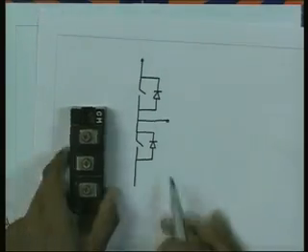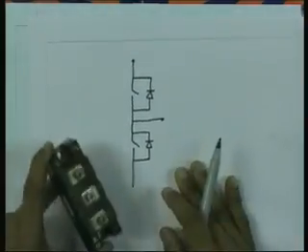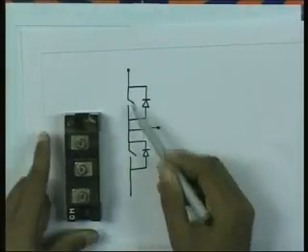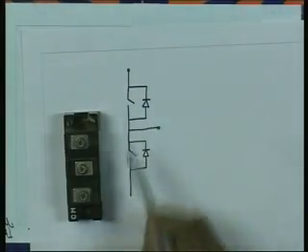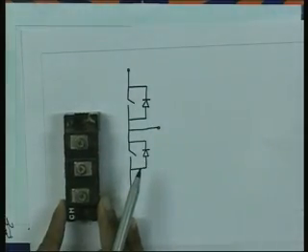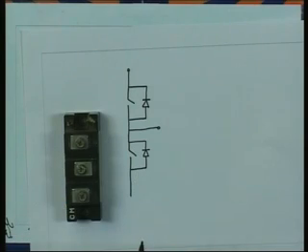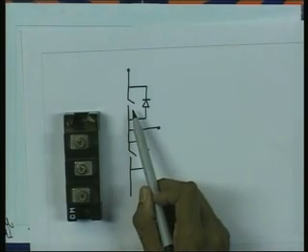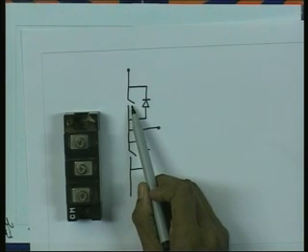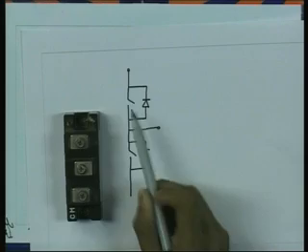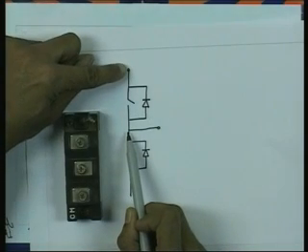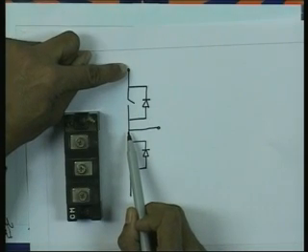Inside we have two such devices and two anti-parallel diodes. Each device can carry 50 amperes, and it can block as high as 1200 volts.